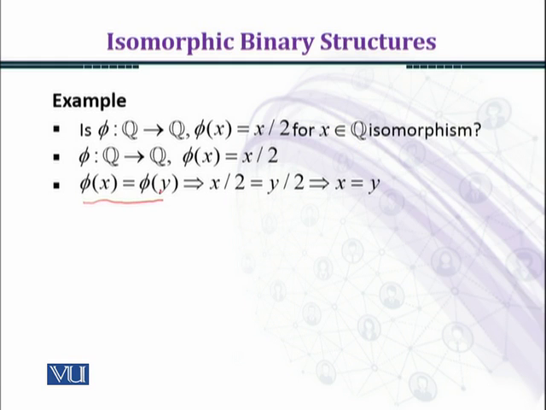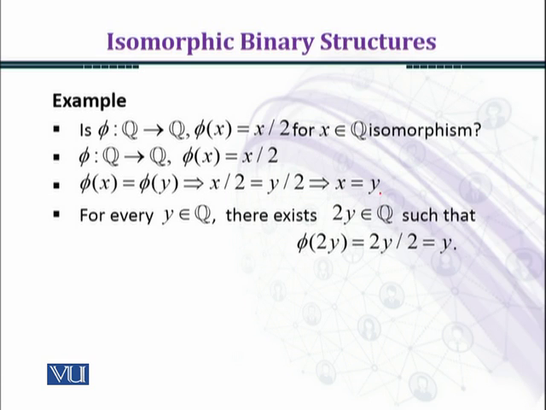To prove the condition of 1-to-1, we apply the definition of phi. We shall get x over 2 equal to y over 2. It implies that x equal to y. Therefore phi is 1-to-1.